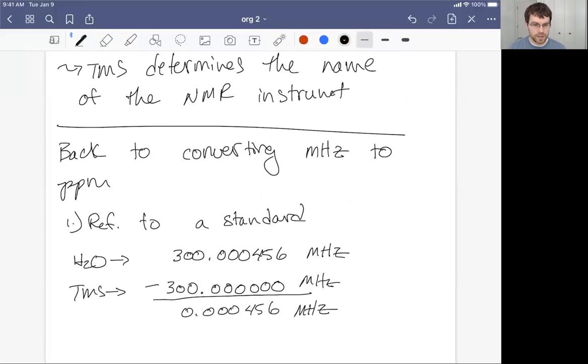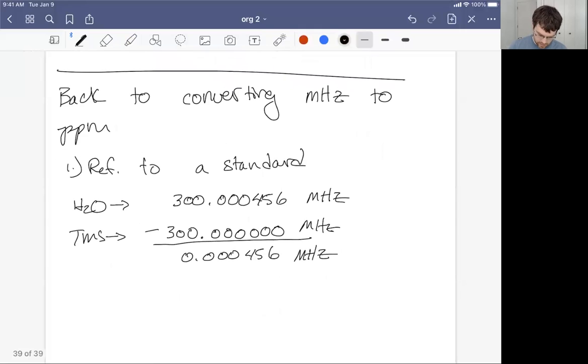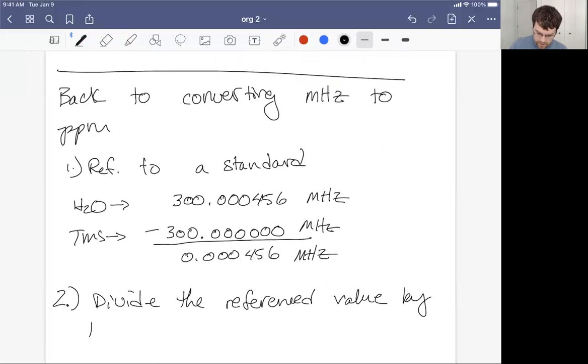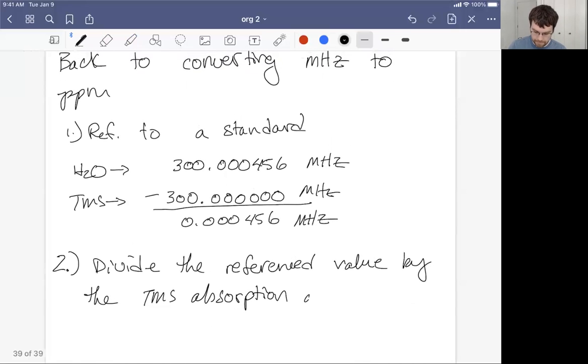Now, what we want to do is divide this by, and I'll specify this, divide the referenced value by the TMS absorption, and then multiply by 1 million.